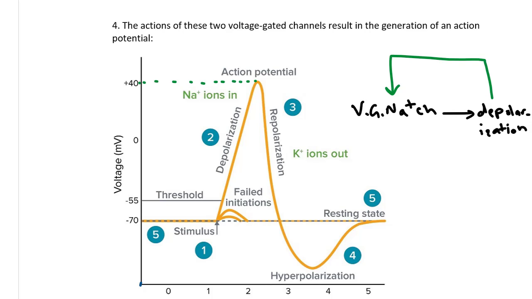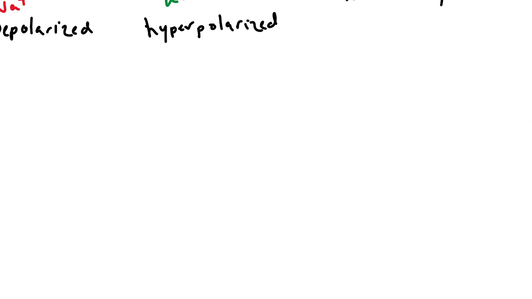This peak will always be at the same level. Why? Well, this peak is only dependent on the fact that you have outside sodium concentrations, so sodium, of about 145 millimolarity, and about, let's say, 10 millimolarity in, right?